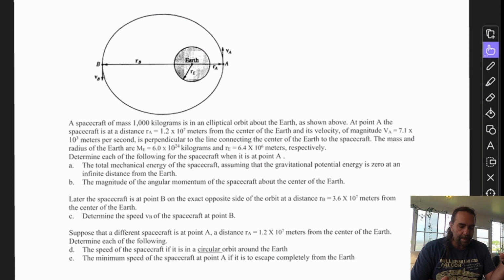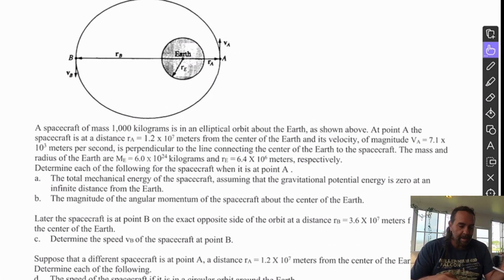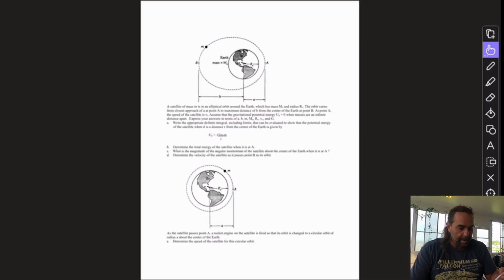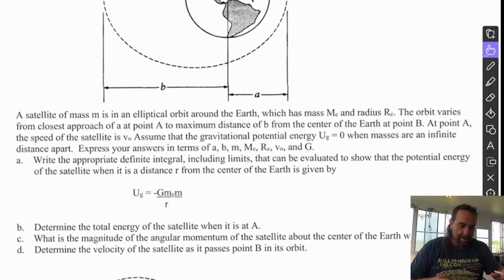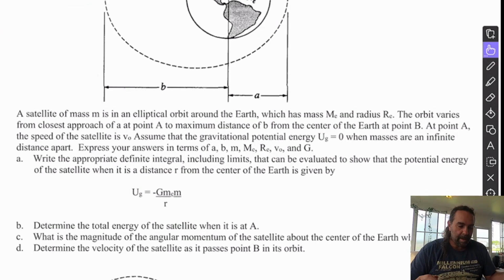If you look at this one, I want to point out question A. The total mechanical energy of the spacecraft, assuming the gravitational potential energy is 0 at an infinite distance from the Earth. So they say it pretty clearly what they want. This one is similar, except that in the case of this one, they want you to write the definition and the integral necessary to get that value.